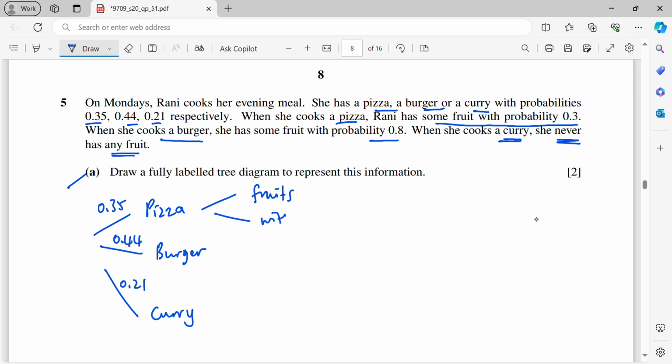Okay, or just write no fruits. Then here for burger, same, fruit, no fruit. Okay, and here same.